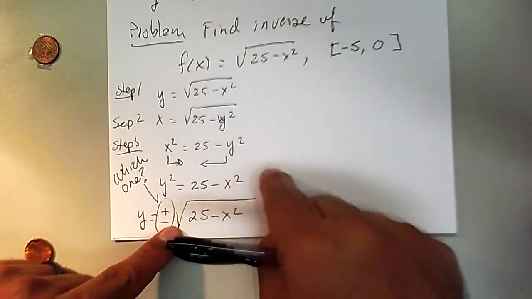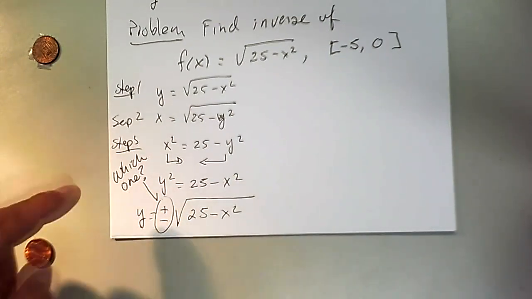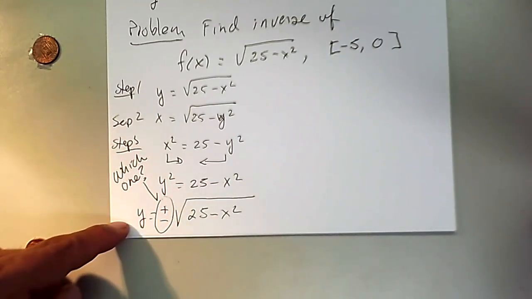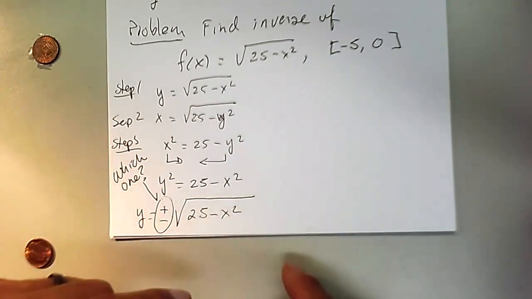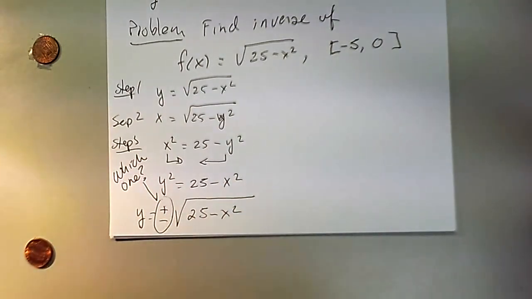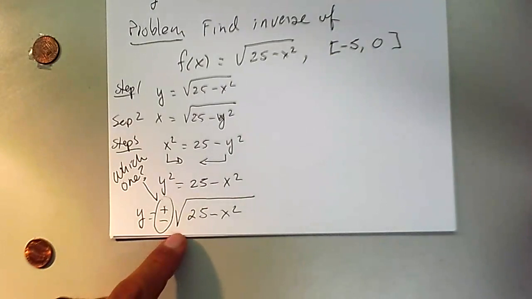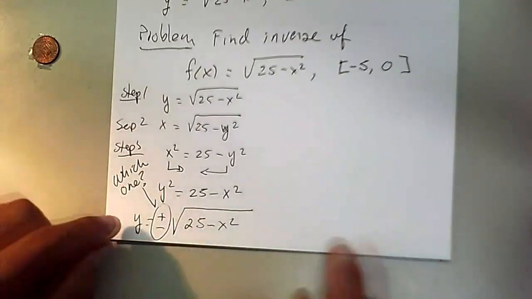Because the plus is going to be the top of the circle, the minus is going to be the bottom of the circle. Furthermore, we have to ask ourselves, because the inverse of an invertible function is an invertible function. That sounds like a tongue twister, but that's how it goes.